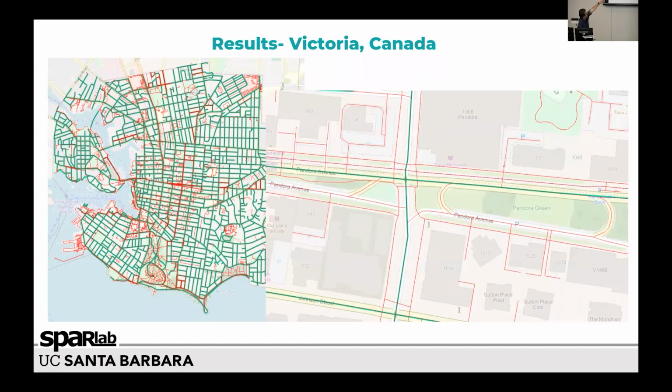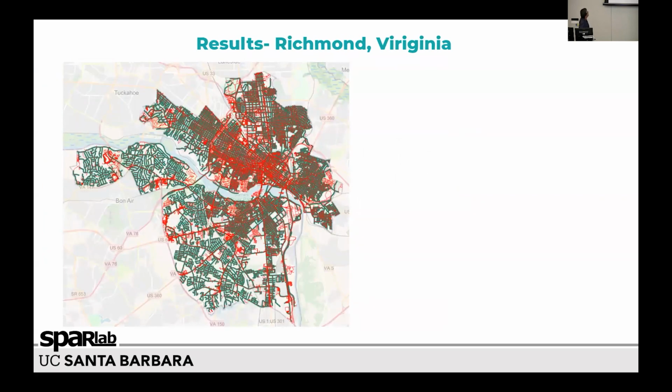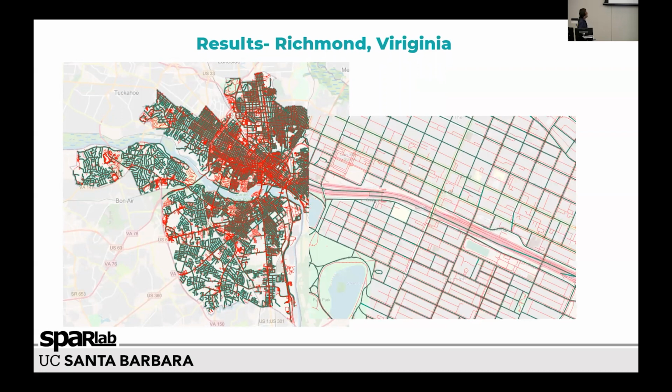Here we can see a lot of red lines, but they have the same street name, so that's the reason they were deleted. I also tried Richmond, and many streets here were removed because they had no name, or were service roads, or just parking. And in the middle of the main road, we see it's bad, and we understand why. So as I said before, it's not perfect, but it's much better.